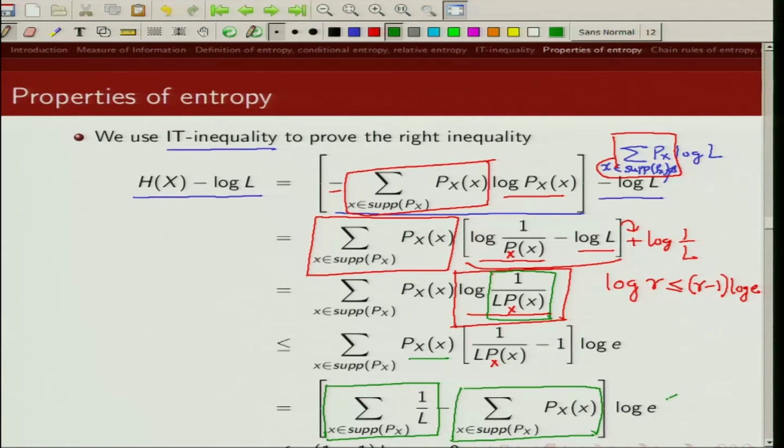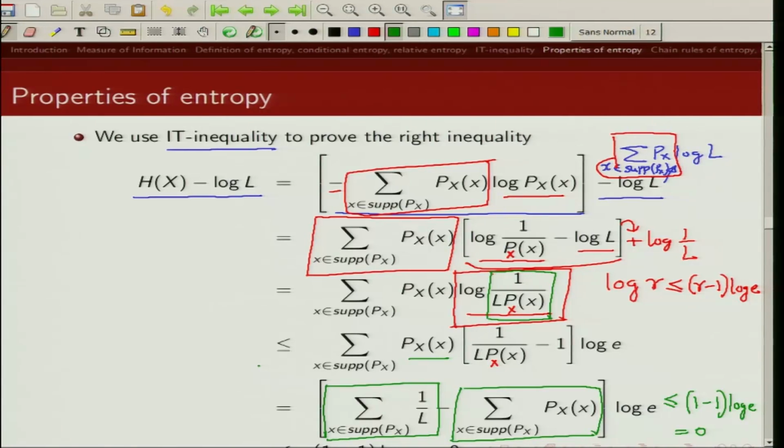This is less than or equal to, this term will be 1 minus 1 log of e, which is basically 0. So what I have shown here is H(X) minus log of L is less than or equal to 0. In other words, H(X) is less than or equal to log of L.